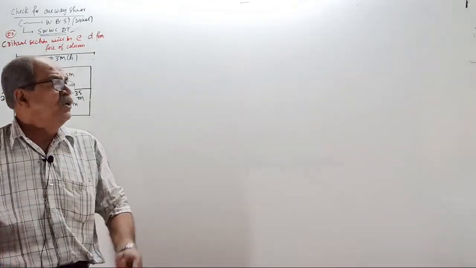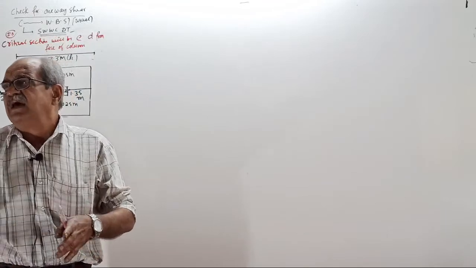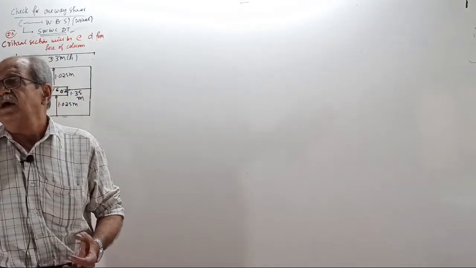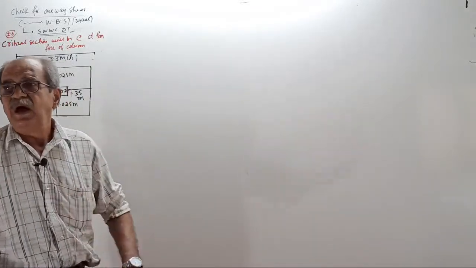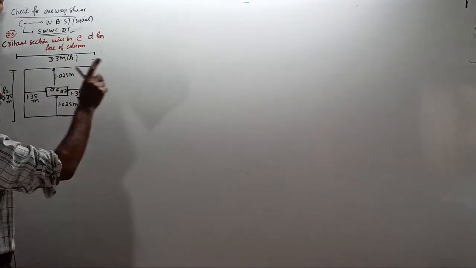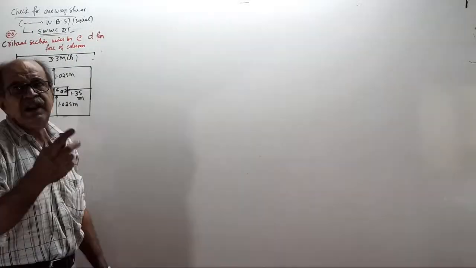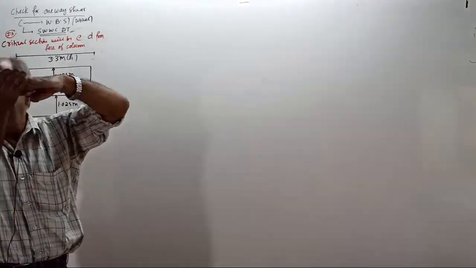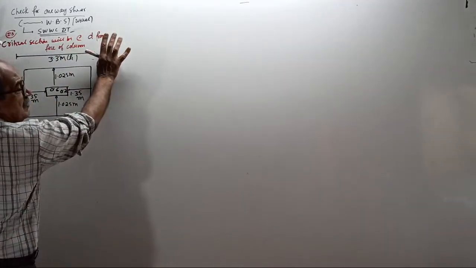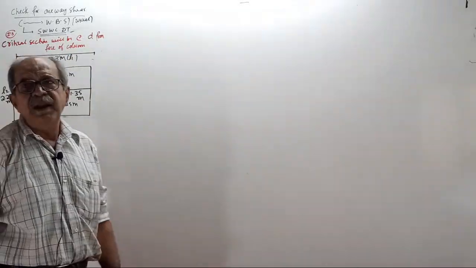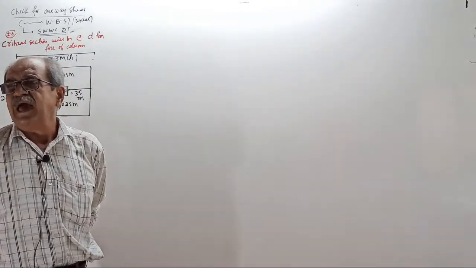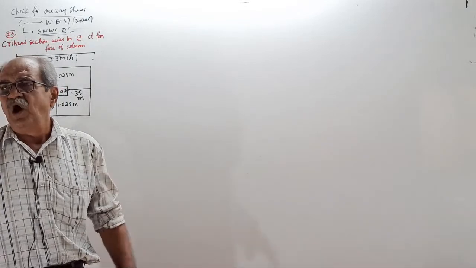When M1, M2 are there, one side may get lifted and one corner will be critical. At that time, I do not want to waste time telling all these things again. Because of the non-uniform pressure, the upward pressure pattern will change, but the basic concept will remain the same: bending moment calculation, fixing the depth, increasing due to shear, calculation of reinforcement, checking for shear, all will remain same.